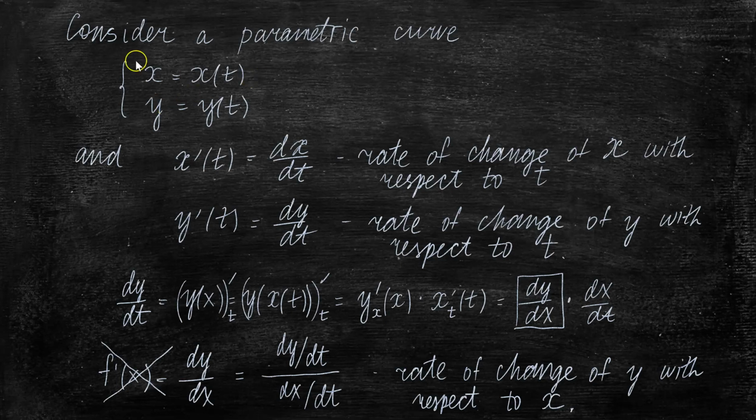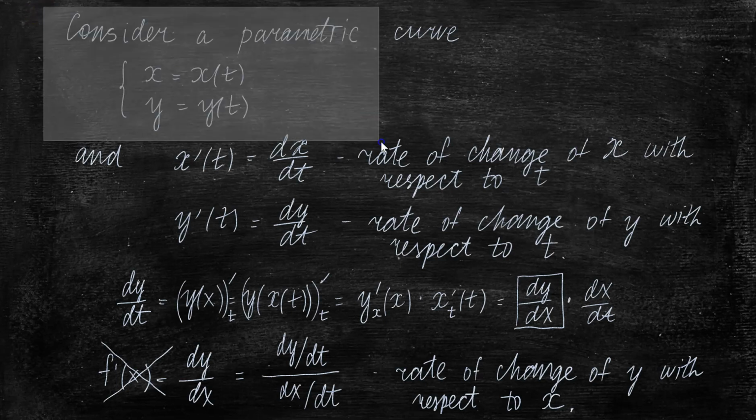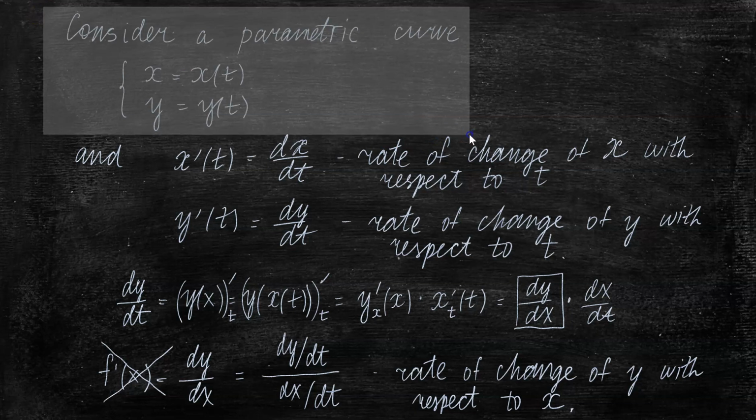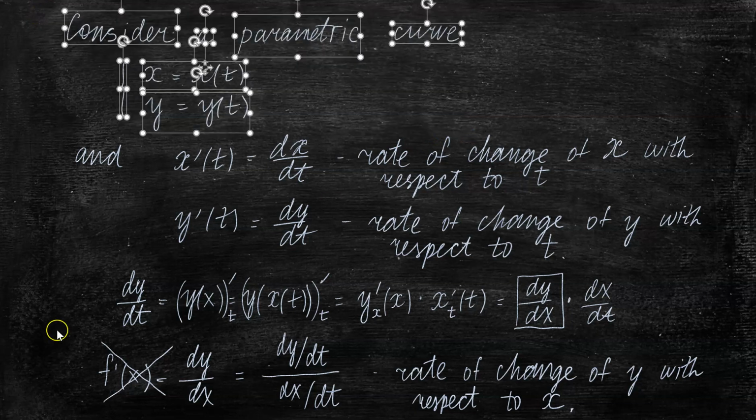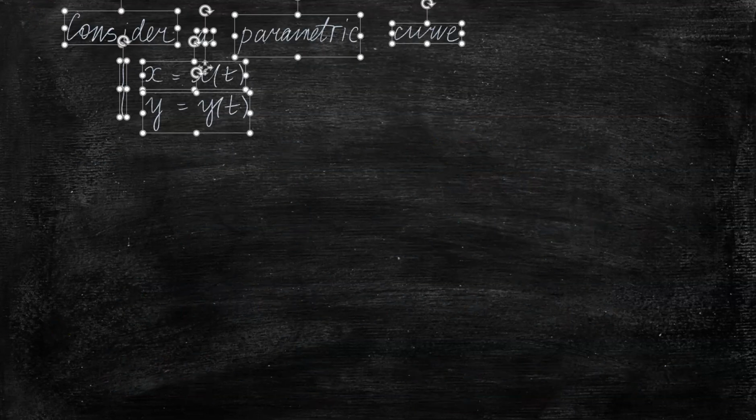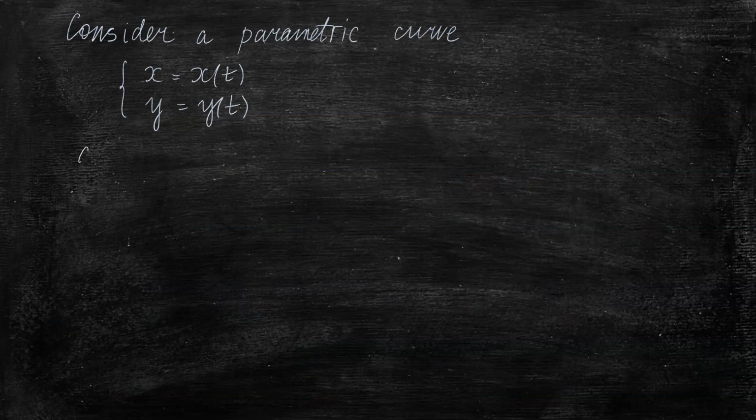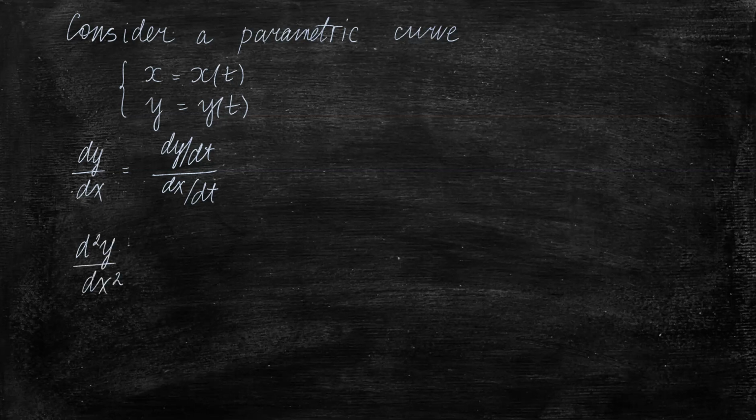So we're going to have a parametric curve, and for this parametric curve, we already know that the dy dx is defined by dy dt over dx dt. What are we interested at? We're interested in actually finding the second derivative of y with respect to x.